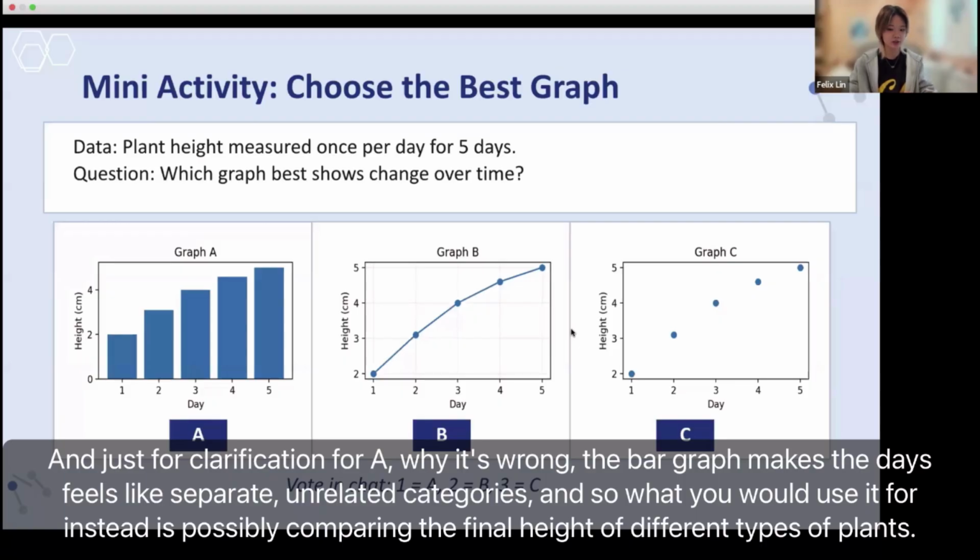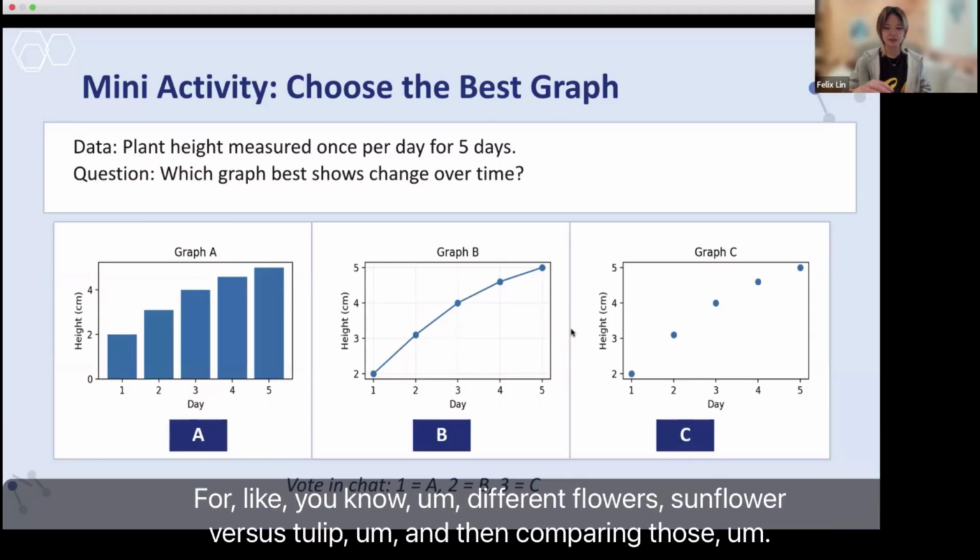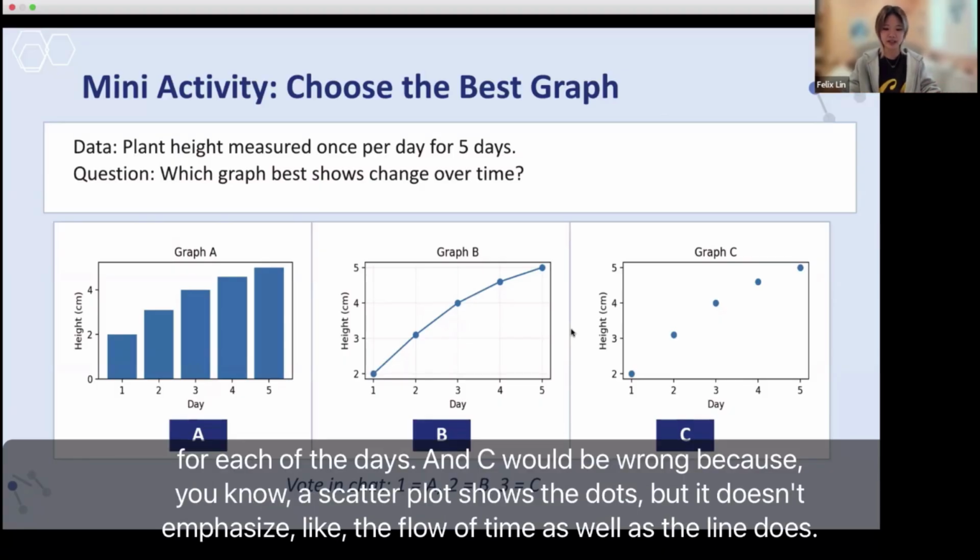And just for clarification for A, why it's wrong, the bar graph makes the days feel like separate, unrelated categories. And so what you would use it for instead is possibly comparing the final height of different types of plants, like different flowers, a sunflower versus tulip, and then comparing those for each of the days.